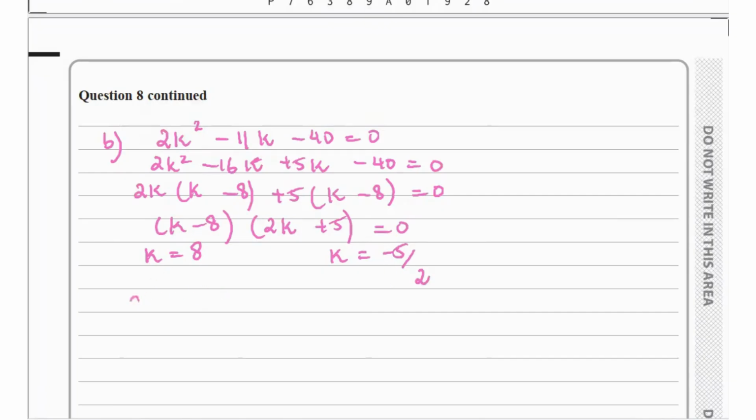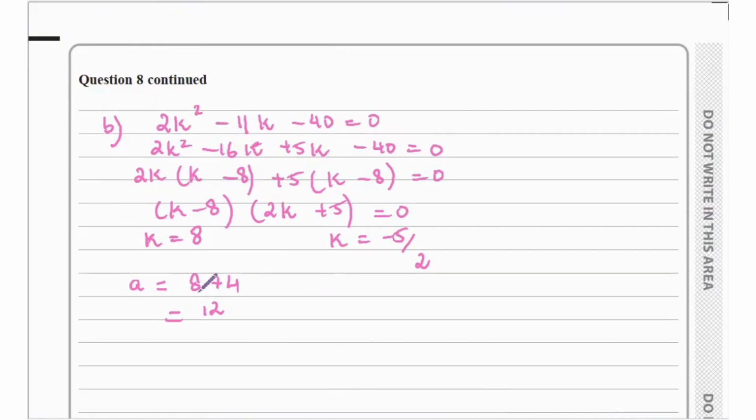For the a value, it's going to be 8 plus 4, which gives us 12. If we use k equals 8, that gives us a equals 12, and r is going to be 8 minus 2 over 8 plus 4, which gives us a value of 1 over 2.